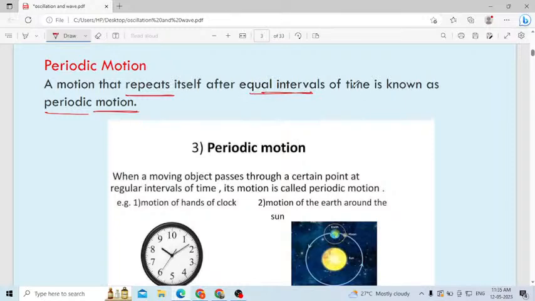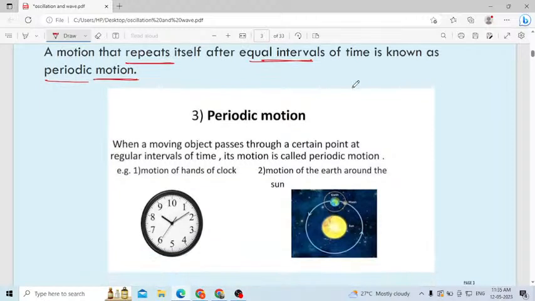At regular intervals of time, if the motion repeats, that type of motion we consider as periodic motion. When a moving object passes through a certain point at regular intervals of time, it is known as periodic motion.